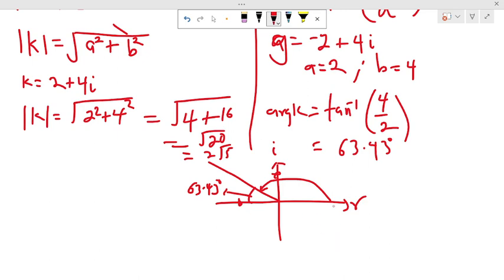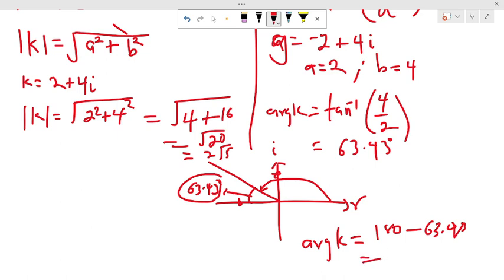So if you want to know the angle from the positive x-axis to this point, then we have to subtract this angle, that is the 63.43, from 180. So we get the argument of k to be equal to 180 minus 63.43.